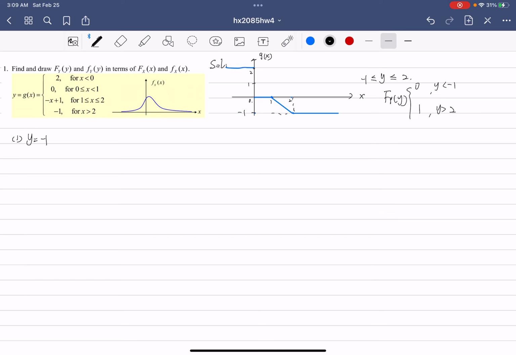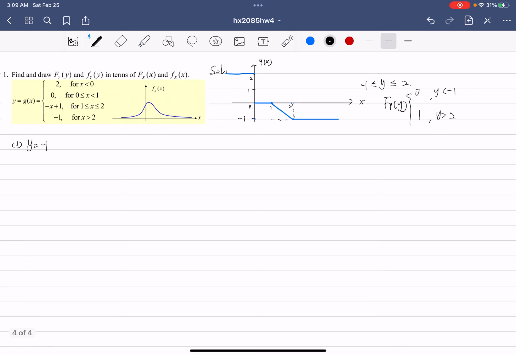We can see from the plot that the probability that y equals negative 1 corresponds to x being larger than 2, so it is equal to the probability that x is larger than 2, which is 1 minus F_X(2).